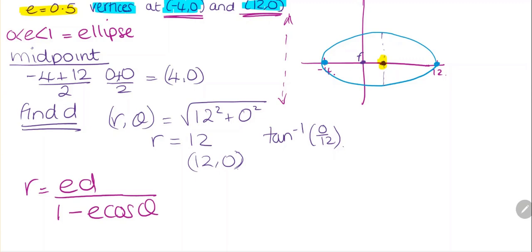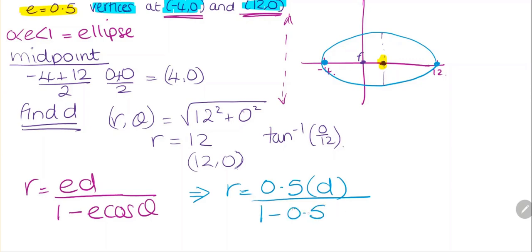So we need to substitute in the values we know. So we have 0.5 times the directrix, which we need to calculate, over 1 minus 0.5 cosine of our angle. Now our angle here is going to be 0, so we've worked out our angle here as 0. So cosine of 0 is going to be 1.